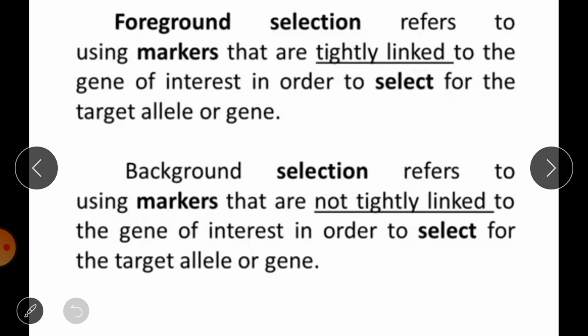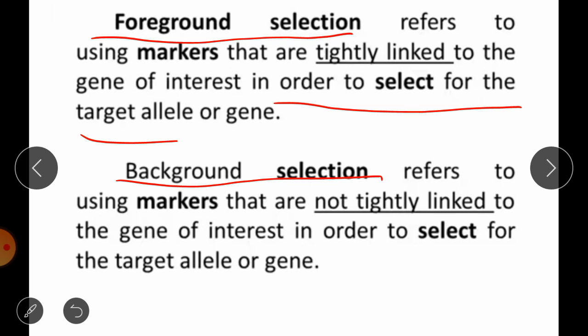There are two types of marker assisted selection. Either we can go with foreground selection or background selection. In foreground selection, it refers to using markers that are tightly linked to the gene of interest in order to select for a target allele or gene.